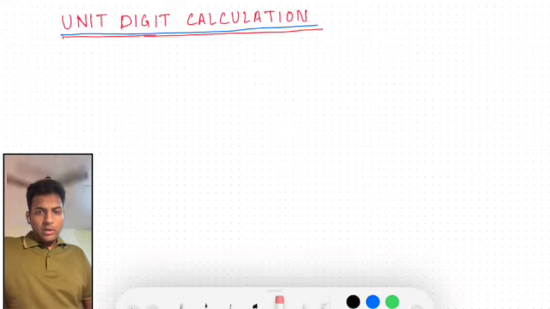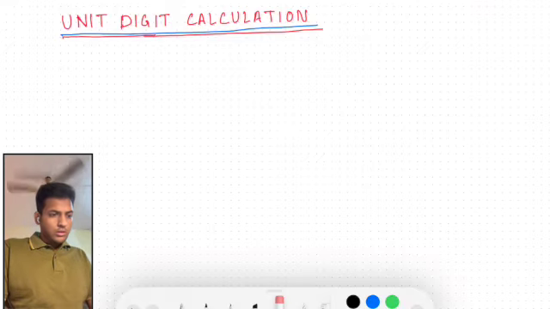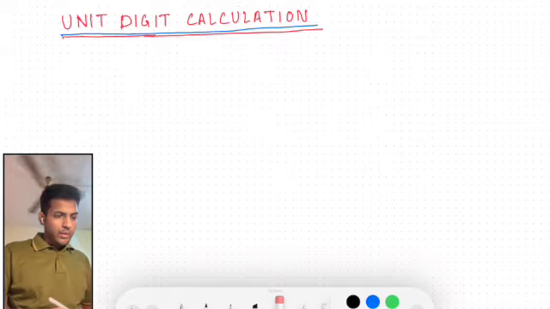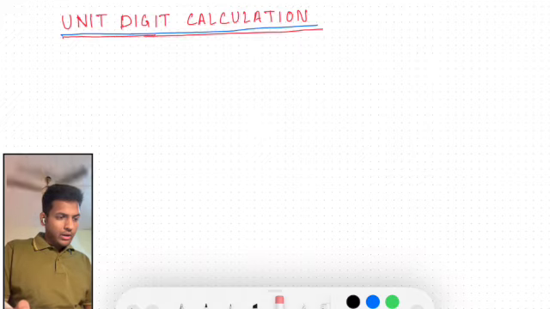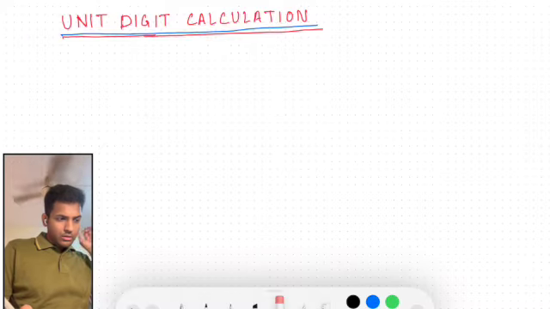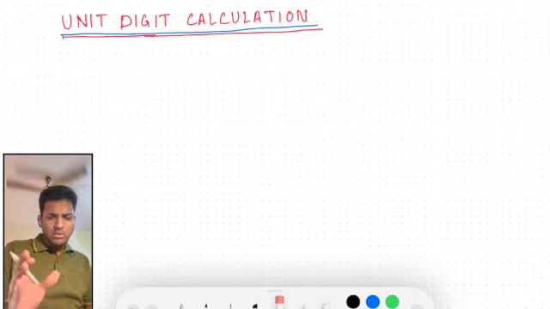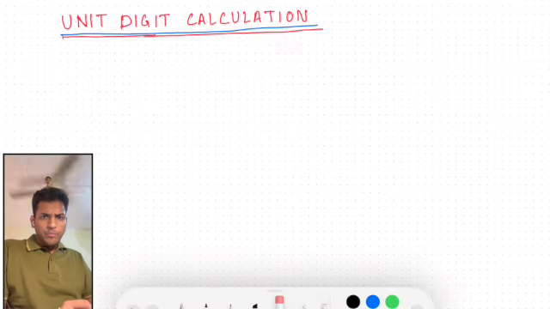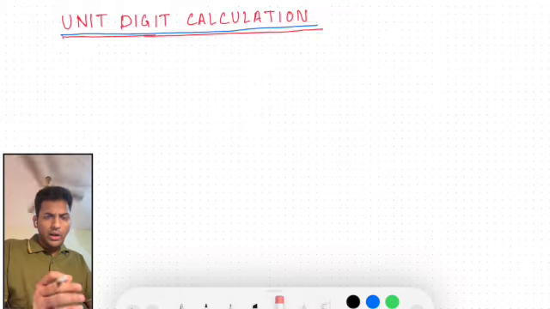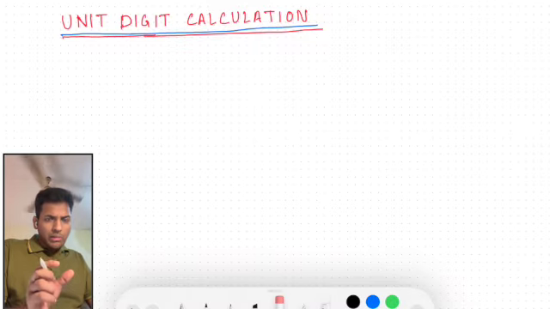Hello friends, welcome all of you to this short session of CSAT learning where we will be learning unit digit calculation. In the last few years you must have seen that in UPSC there are many questions where they ask you to find the unit digit of a complex mathematical expression.